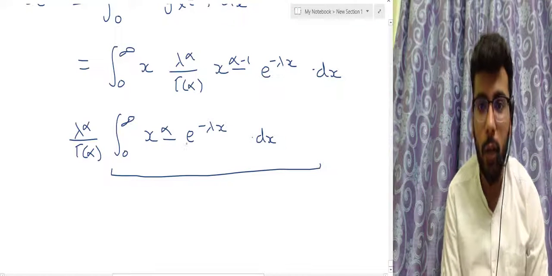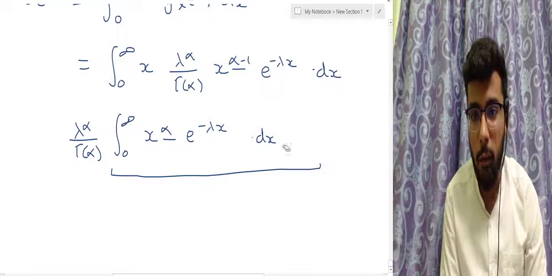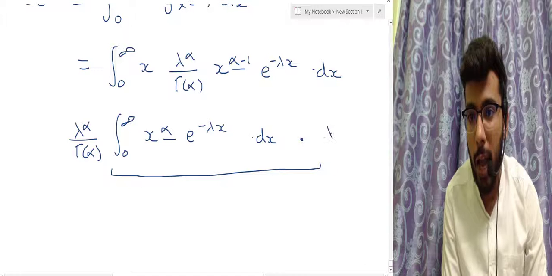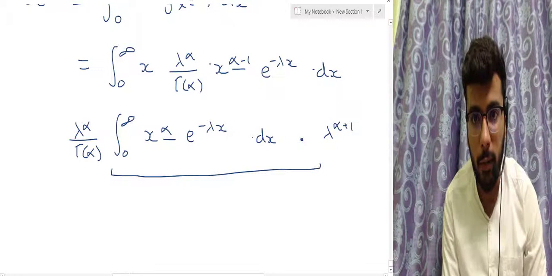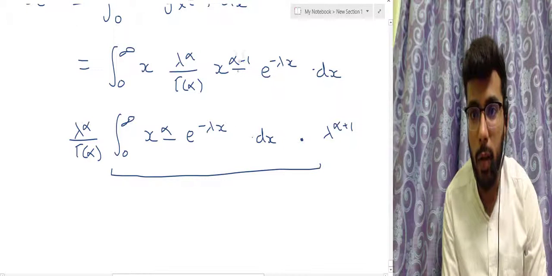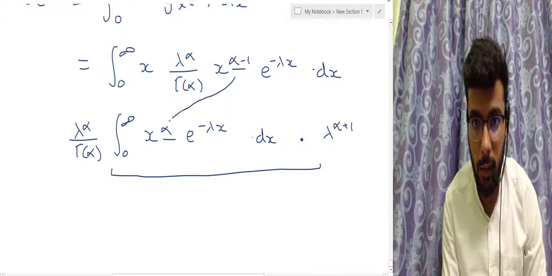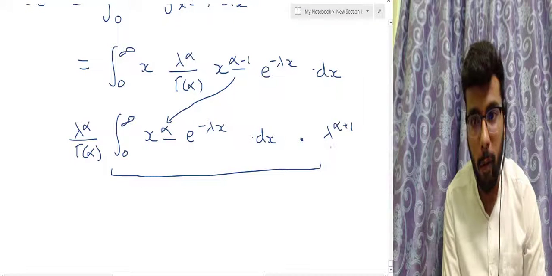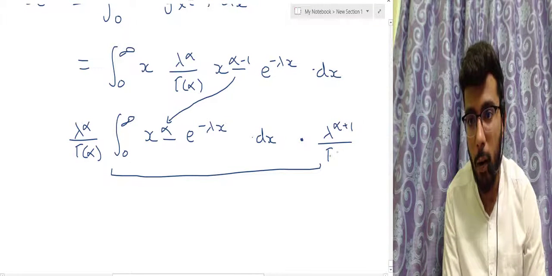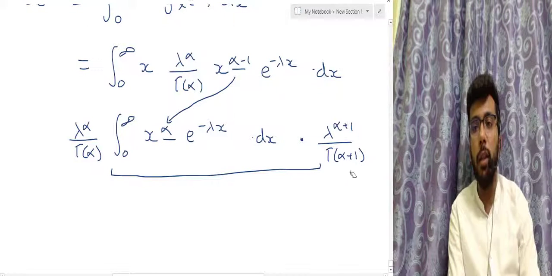So you need lambda to the power of alpha plus 1 upon gamma of alpha plus 1, because the power of x is 1 more, so the power of lambda also has to increase by 1.